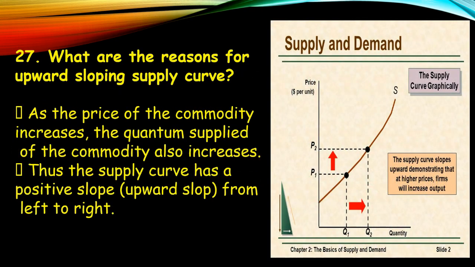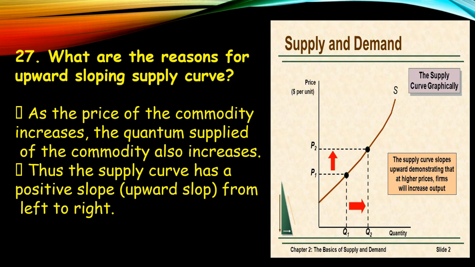The last question is: what are the reasons for upward sloping supply curve? The rule of the supply curve is that if price increases, quantity also increases. Now let's learn the answer. As the price of the commodity increases, the quantity supplied of the commodity also increases. Keep that in your mind.